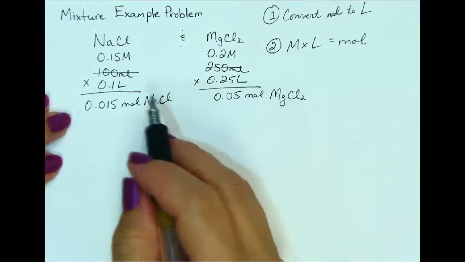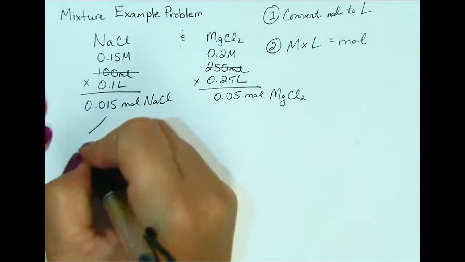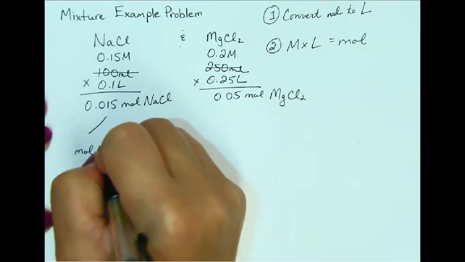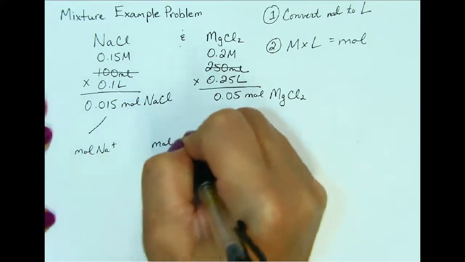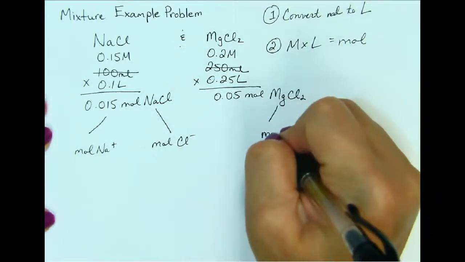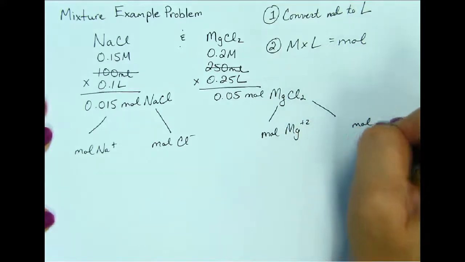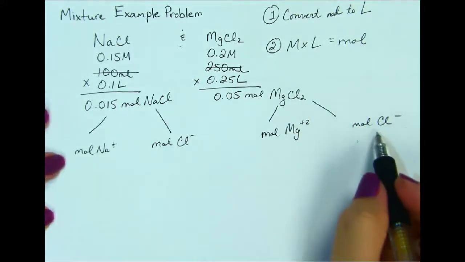Now that I know the moles of both of my solutions, I need to determine the moles of the sodium ions, the moles of the chloride ions, the moles of the magnesium ions, and the moles of the chloride ions in the second solution.